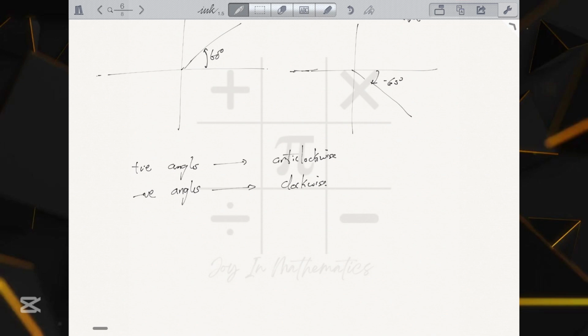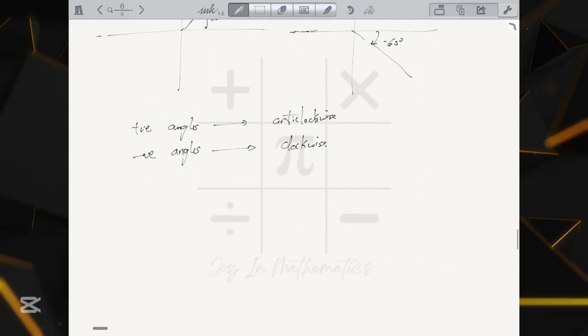Now, in trig, we generally make use of positive angles most of the time, but as time goes on, we will involve negative angles so that we establish understanding. So we can tag positive angles as positive angle theta, and we can tag negative angles as negative angle minus theta.